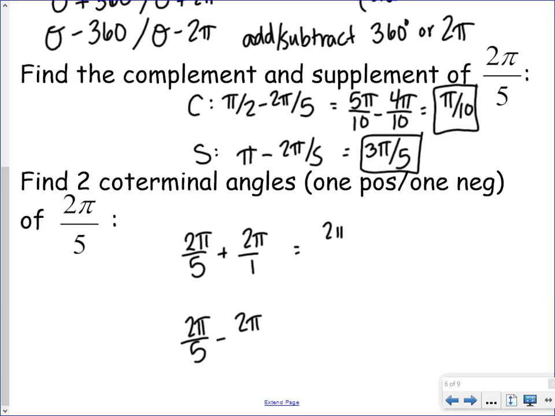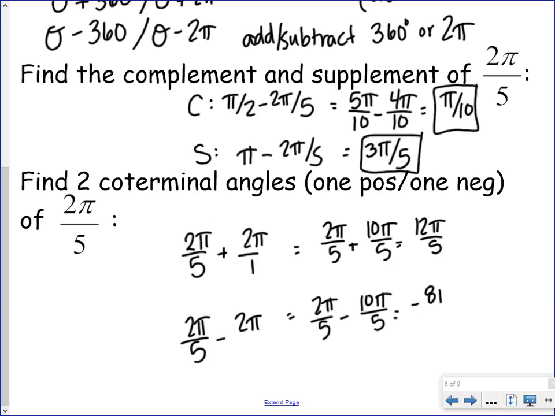So that's 2 pi over 5 plus 10 pi over 5, which gives me 12 pi over 5. And then this is 2 pi over 5 minus 10 pi over 5, so we're at negative 8 pi over 5. I've got one positive and one negative. I'm good to go.